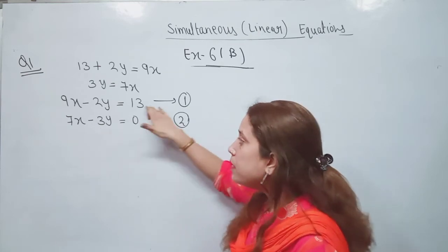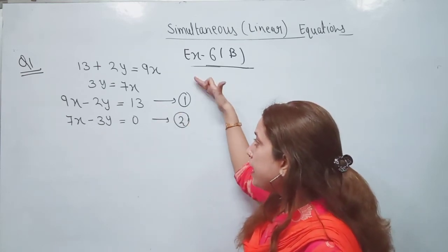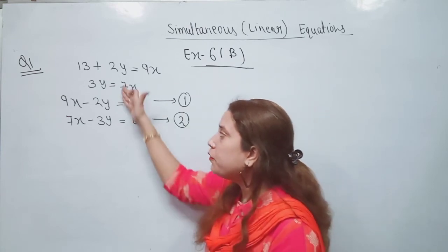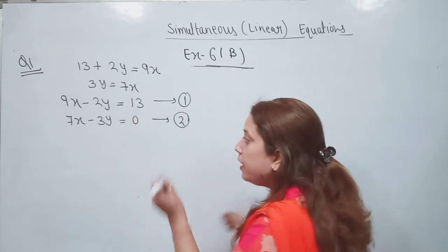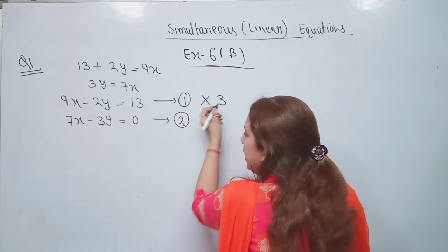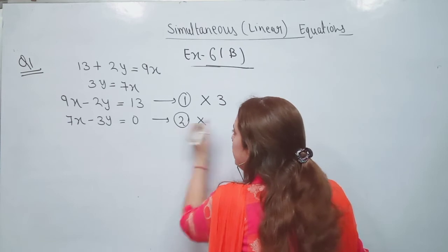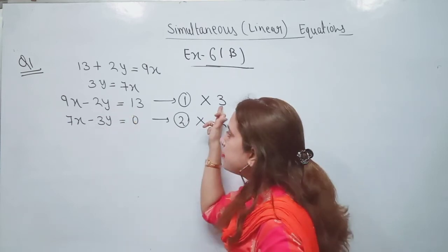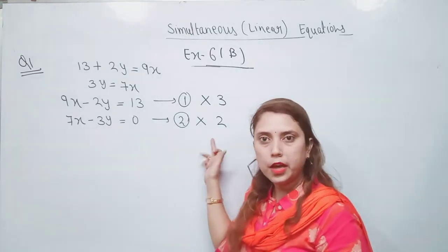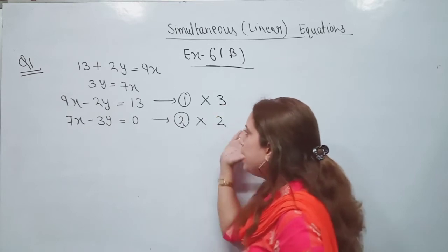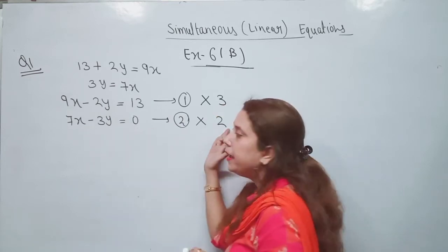So which number should we multiply in equations 1 and 2 so that the coefficient of y will be same? If we multiply equation 1 by 3 and equation 2 by 2, then the coefficient of y will be same, 6 and 6.